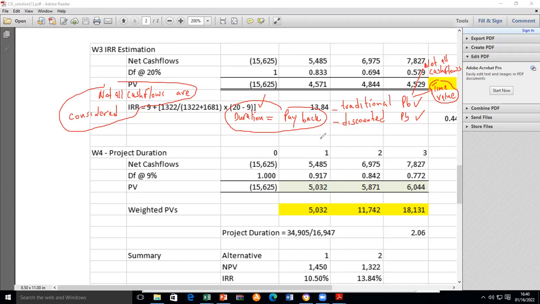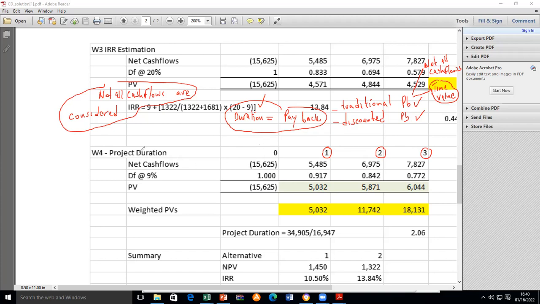We give a weighting to each one of these figures using the present values. So it's a weighted average of the time taken to recover the present value of your cash flows.